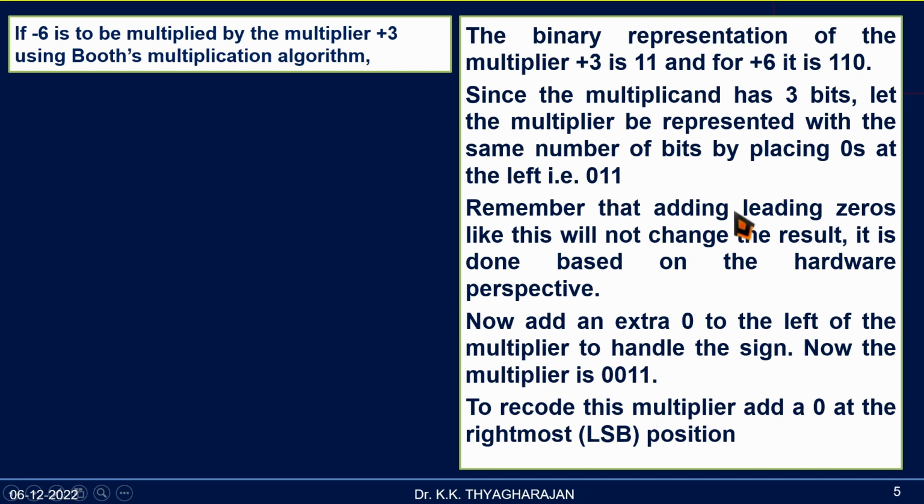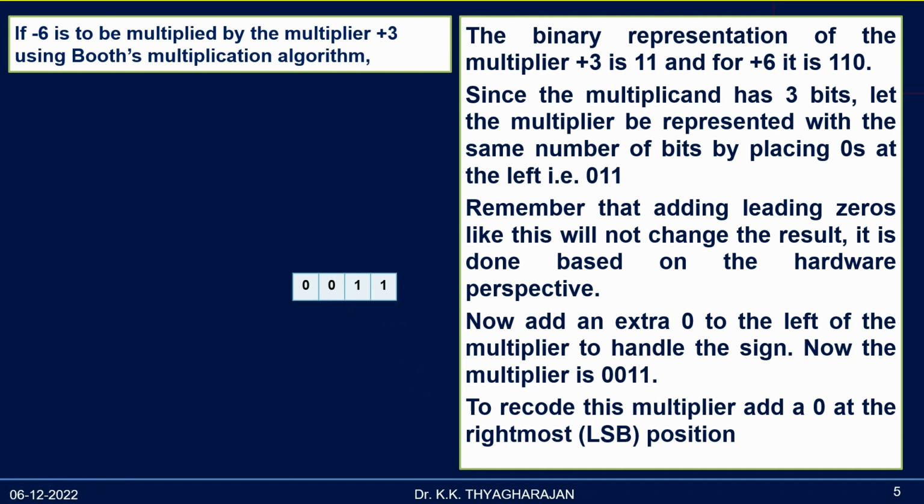Remember that adding leading zeros like this will not change the result. It is done based on the hardware perspective. Now add an extra 0 to the left of the multiplier to handle the sign. Now the multiplier is 0, 0, 1, 1.